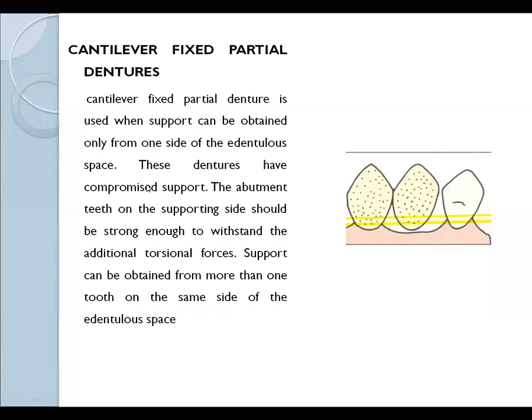These dentures have compromised support, as the support is taken from only one side. The abutment teeth on the supporting side should be strong enough to withstand additional torsional force. The support can be obtained from more than one tooth on the same side of the denture space.